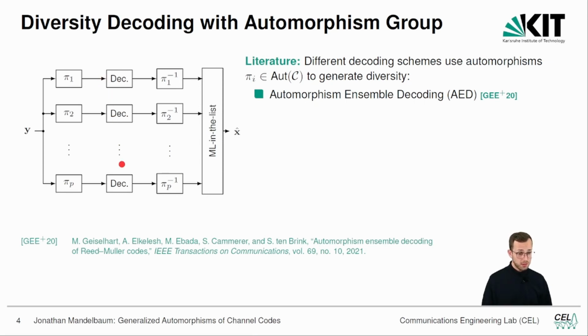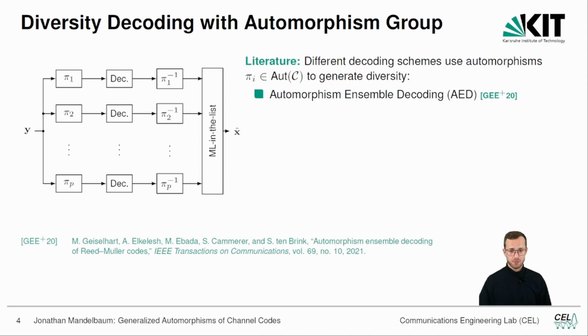Therefore, due to the different noise representation at the input of each decoder, one may be able to successfully decode when another one fails. After decoding, we have to undo the permutation, therefore undo the automorphism, and then choose the best candidate among all those estimates by performing an ML-in-the-list decision, yielding the estimate of the full ensemble decoding scheme.